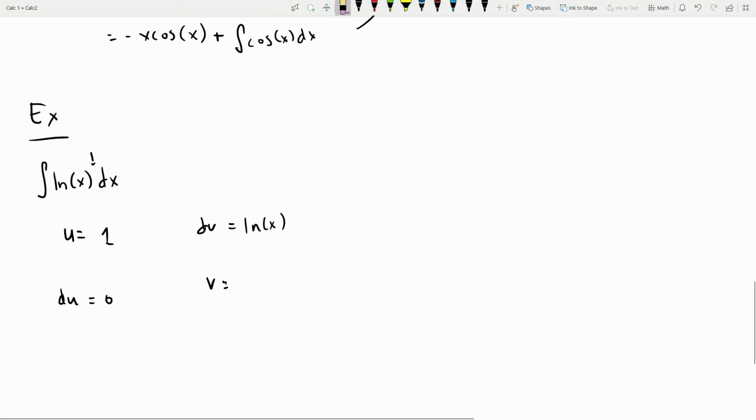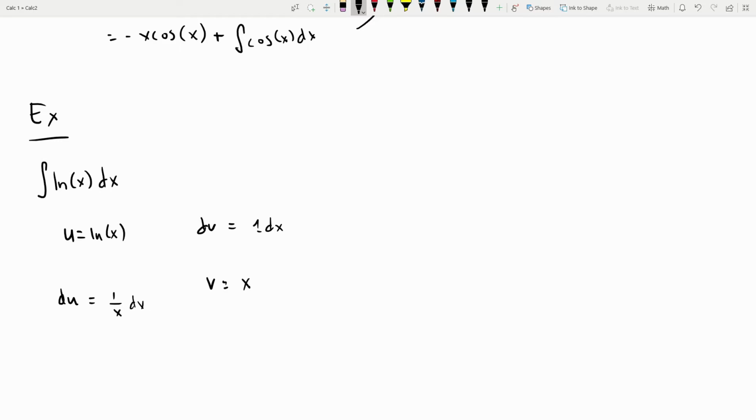So we don't really know how to go from dv to v. That's actually what we're doing in this question. So that's why in this question it would be appropriate to set u to be the ln of x, and then its derivative would be 1 over x, and then dv to be just 1 dx, and then v would just be x.